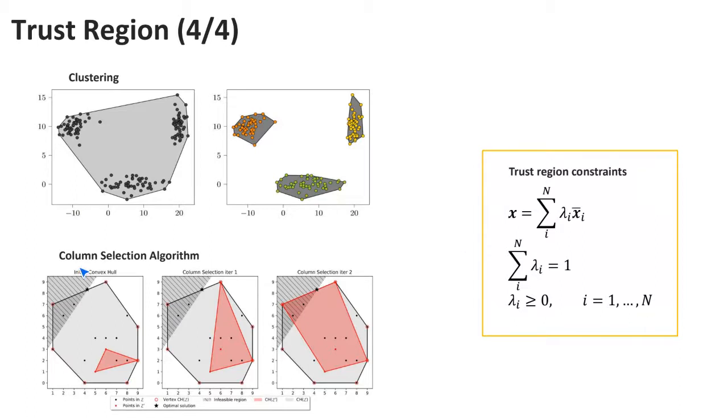So what we propose is to use a column selection algorithm, and the column selection algorithm works such that I start from a subset of points, and then I find the convex hull of these points, like the red ones here in the picture. And then iteratively, I look for a new point in my dataset to enlarge the convex hull.